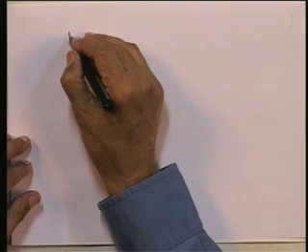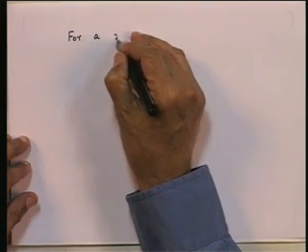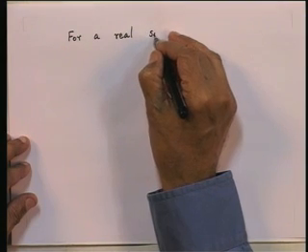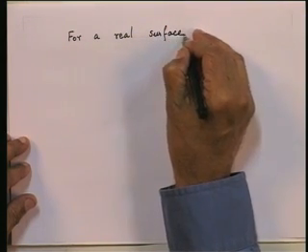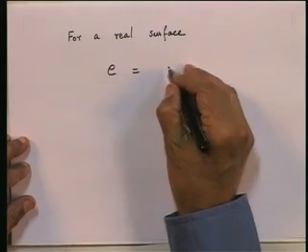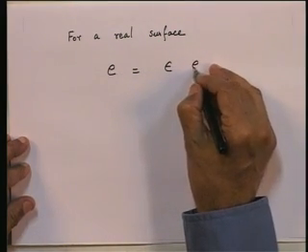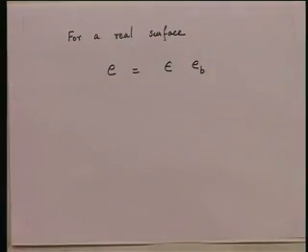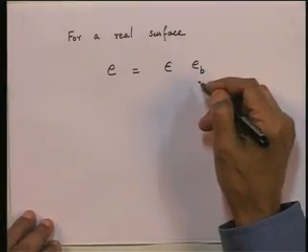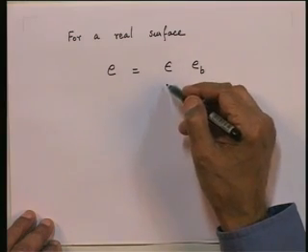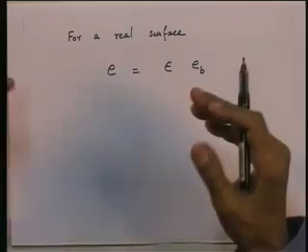They have some value of emissivity, and for a real surface the emissive power E is the emissivity into the value E b, which is for a black surface. So, E b I will get from the Stefan-Boltzmann law, but epsilon, the emissivity of the surface, I need to know, that is a property of the surface.